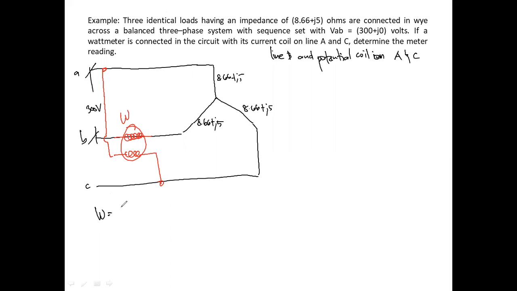We work out the reading of the wattmeter, which is equal to the magnitude of voltage AC, the current IB, and cosine of theta VAC minus theta IB.